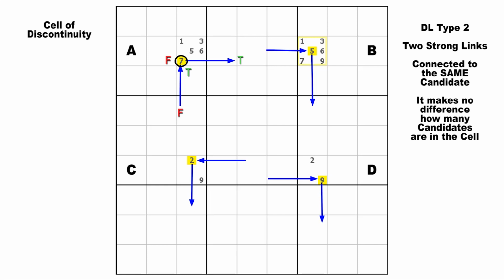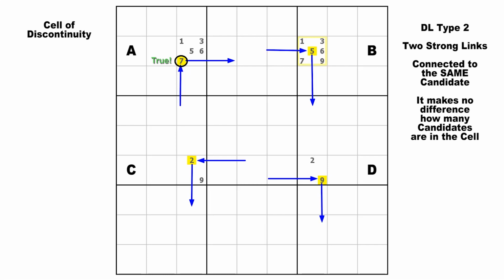We know that the assumption of the 7 being false has to be false. So oddly, this tells us that the 7 is actually true. How about that? And in tutorial number 43, we will examine this configuration in much more detail, and you will be convinced that when you see two strong links attached to the same candidate in an otherwise perfect loop, you will know that that candidate is true, and thus you can solve that cell for that digit, okay?